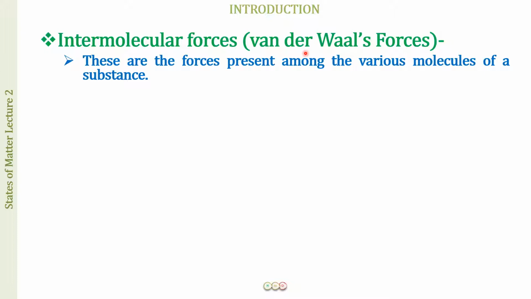We talked about the noble gases, which are not chemically reactive, so they are not forming bonds, so there will be no covalent bonds, no metallic bonds. So these atoms experience very weak forces, and those weak forces we call the van der Waals forces, right? I hope you remember. So these are the forces that we are talking about here. These are very weak forces which may be present among atoms, ions, molecules. We will be discussing all of this in detail.